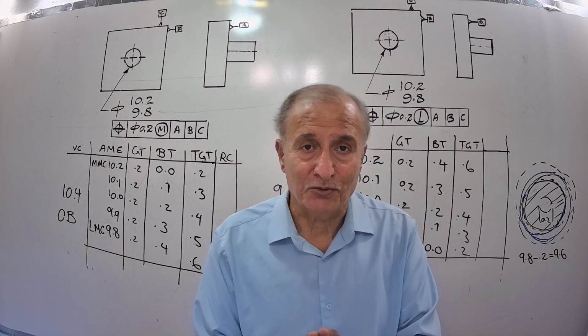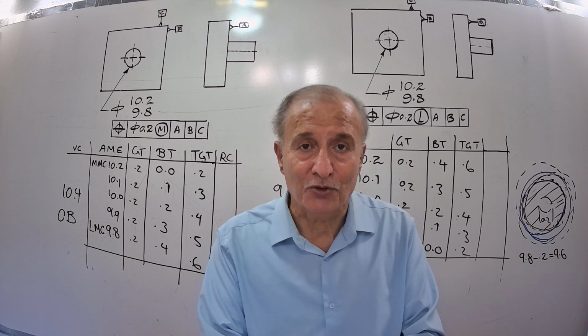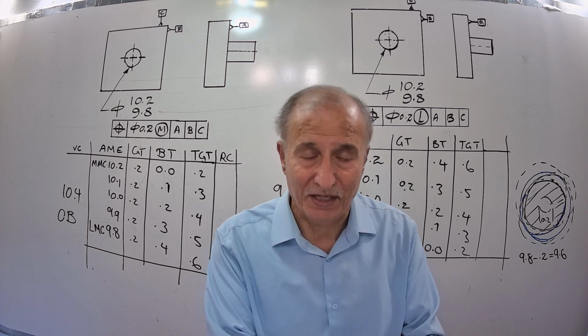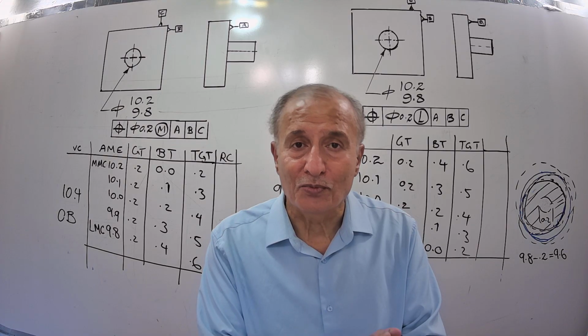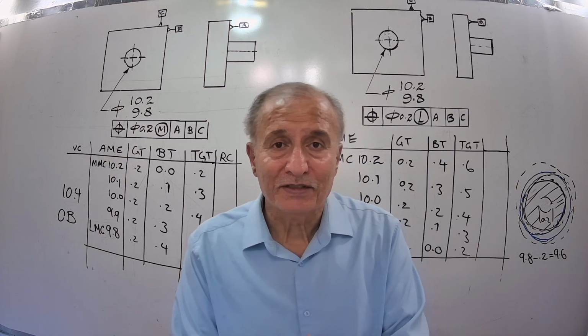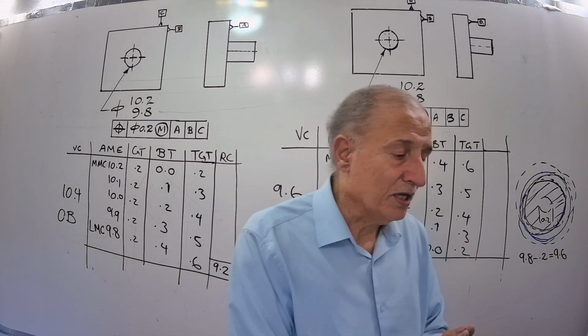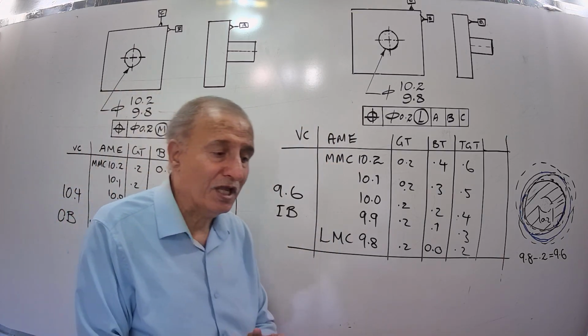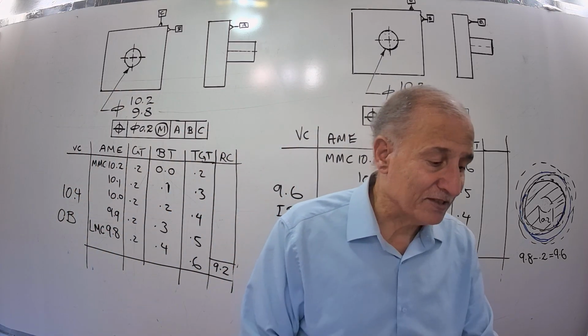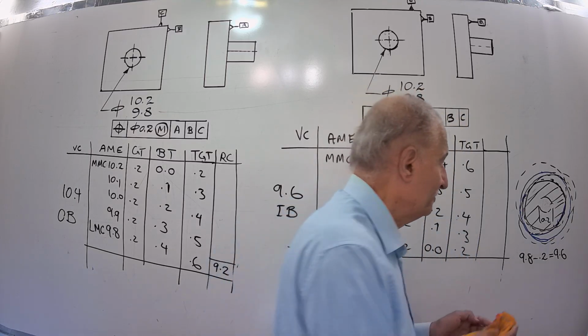And designers say to manufacturers, if you made a mistake, you want to correct it by removing the material, for example, then don't go less than 9.6. But what happened? If we produce at 10.2, at 10.2 we can have 0.6 error.